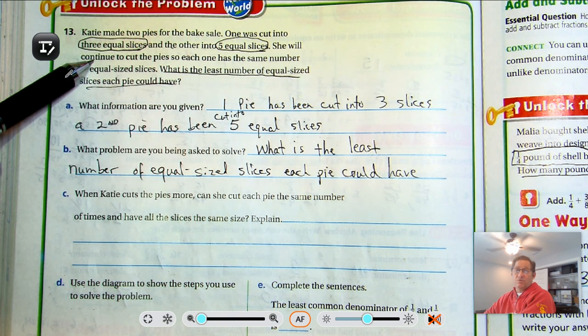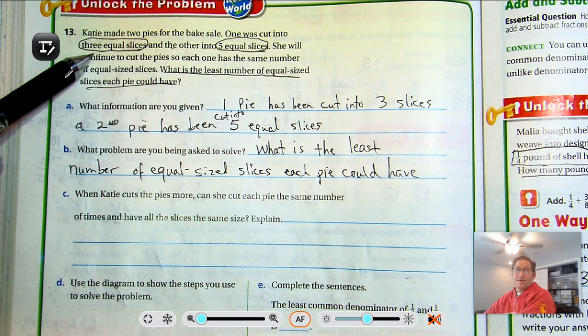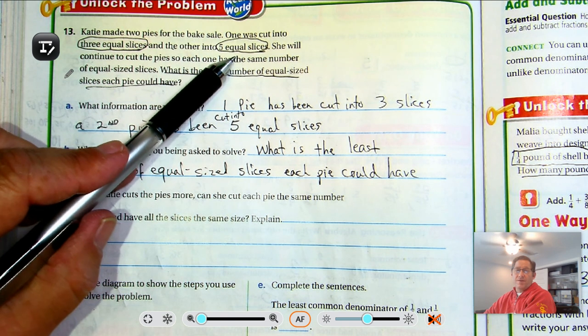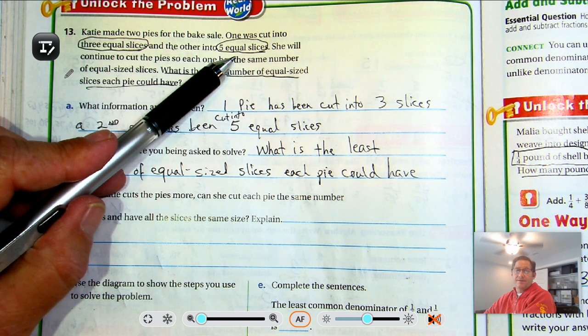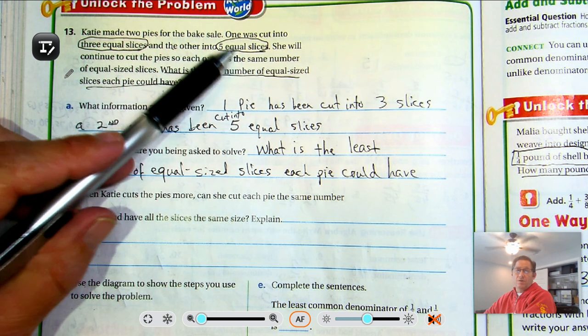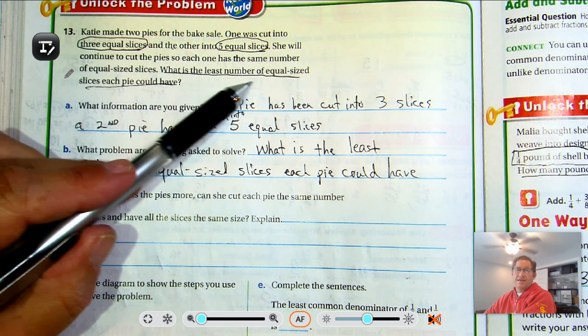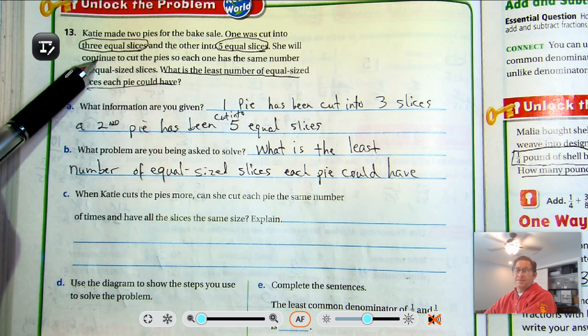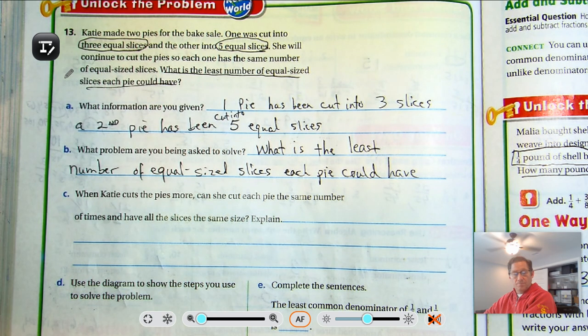That would be 15 equal slices, right? But this one, let's say we're going to make that times 3. These cuts would be smaller. I mean, these cuts would be bigger than these cuts. So, no.